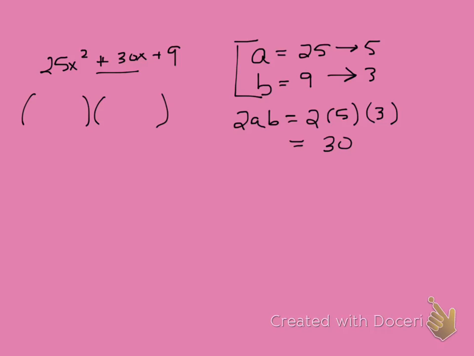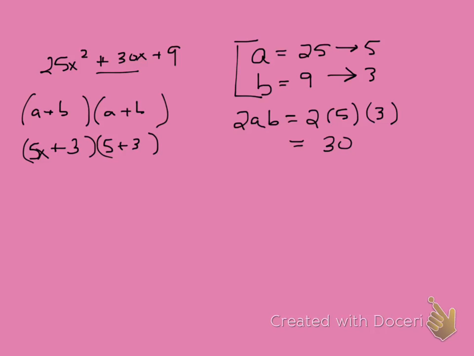That's A plus B times A plus B. So, what goes in the parentheses then? 5 plus 3 times 5 plus 3. Okay. Not just 5 plus 3, because we always have to have what?